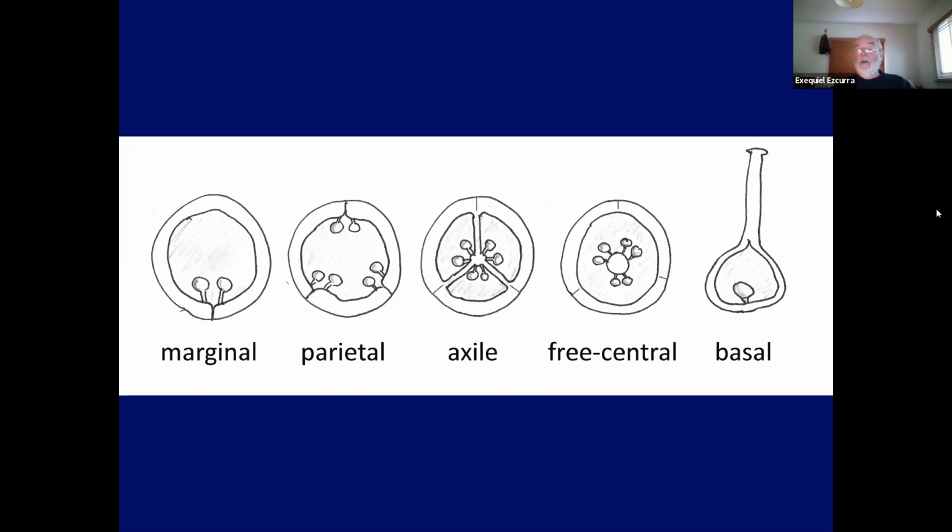They all have only one seed, and if you look at the pistil when they are in the flower, they have only one ovule, and placentation here is known as basal placentation. The ovule is attached to the base of the pistil.